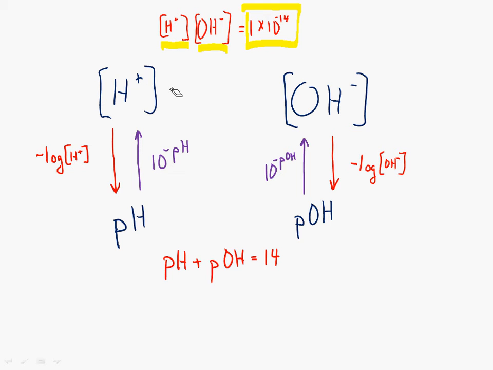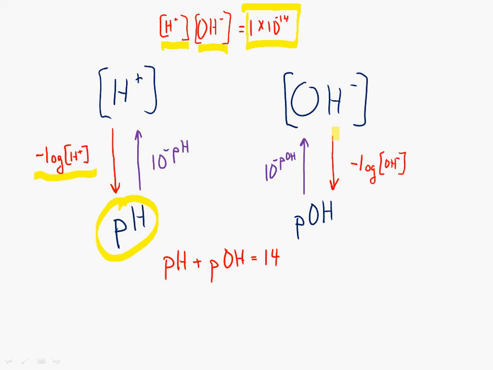Of course, we've been spending a bit of time saying that to calculate pH from hydrogen ion concentration, you calculate it by saying the negative log of the hydrogen ion concentration. We'll practice that in just a moment.